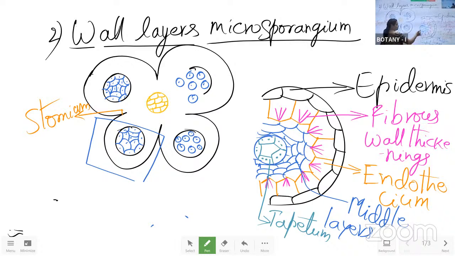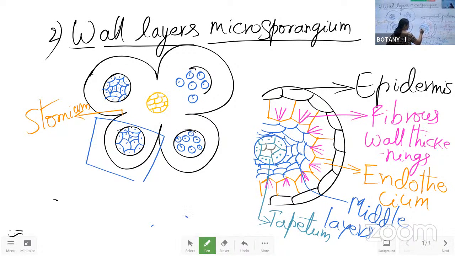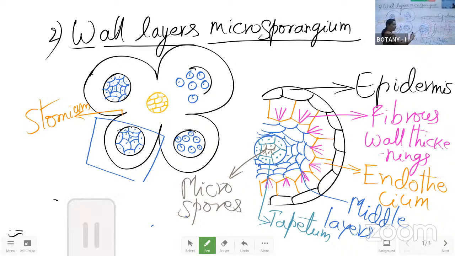So these cells will protect the microspores externally, and they will give the nutrients to the microspores for their proper development. And inside this are the microspores. Only till here we have to write.